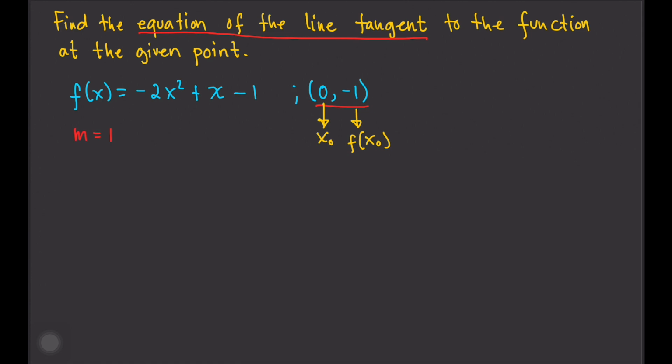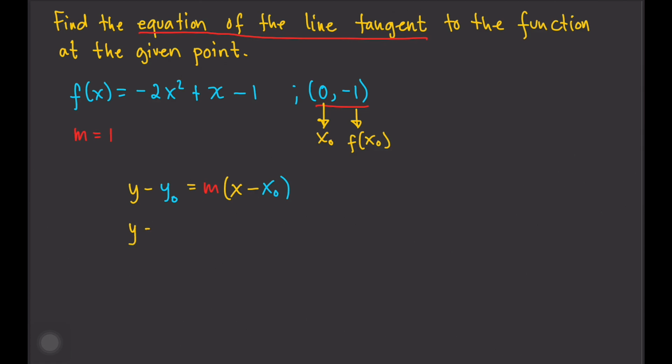Alright, now that we have the slope, we will use the point slope form of a linear equation to find the equation of the tangent line. So what's the point slope form? We know what y sub o and x sub o are, and also m, so we can just plug them in.